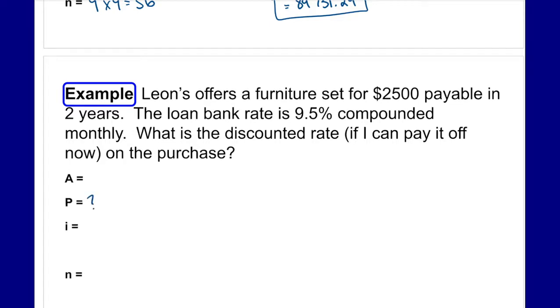So I don't know my present value. I know my future value is the $2,500. The interest is 0.095, but because it's compounded monthly, I need to divide by 12. So there's 12 compounding periods.